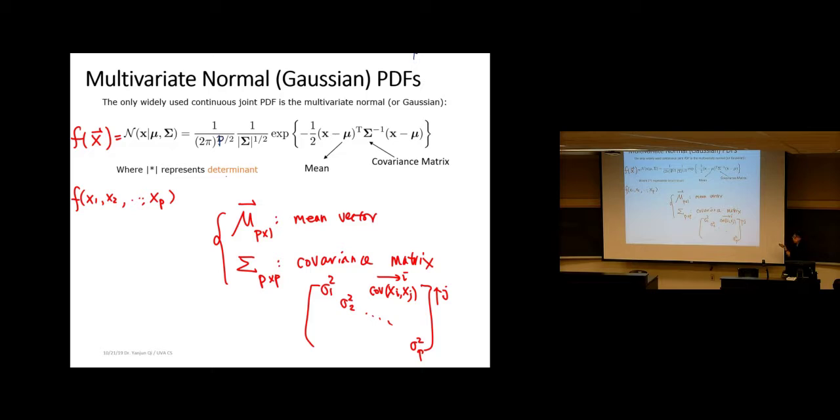One is the mean vector, the other is the covariance matrix, which has p plus p times p parameters. So the number of parameters to estimate a Gaussian distribution from data is p plus p quadratic.